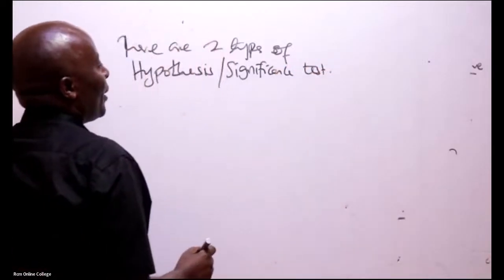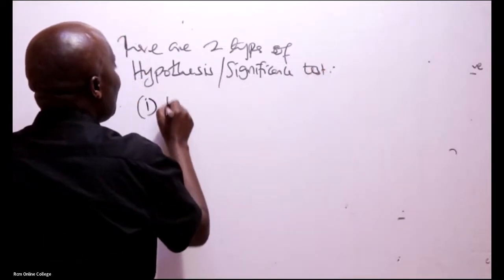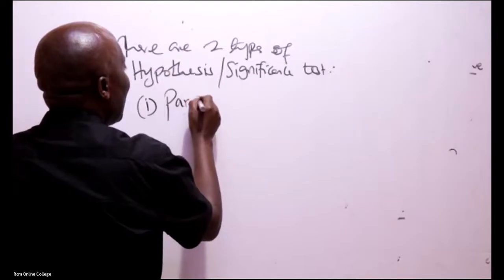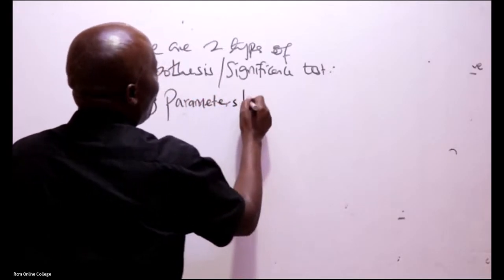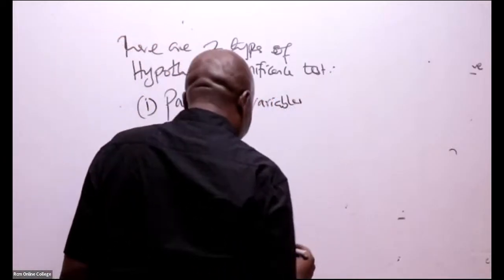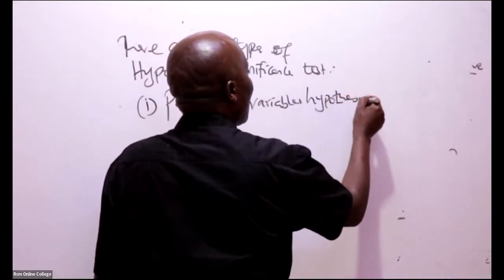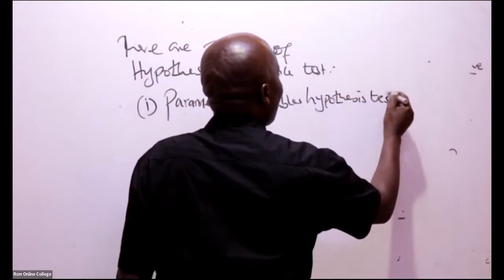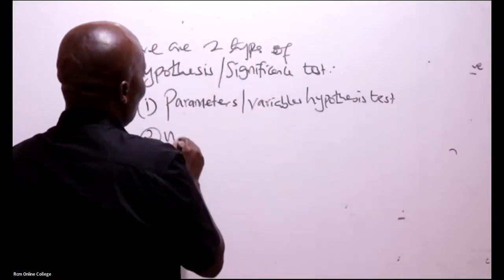All right. So in this case, we are writing them. Number 1, we have the parameters or variables hypothesis tests. And then number 2, we have the whole equation.